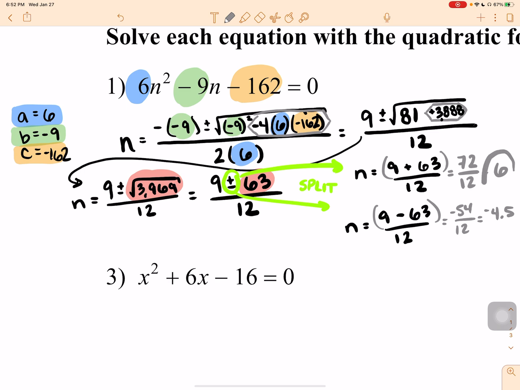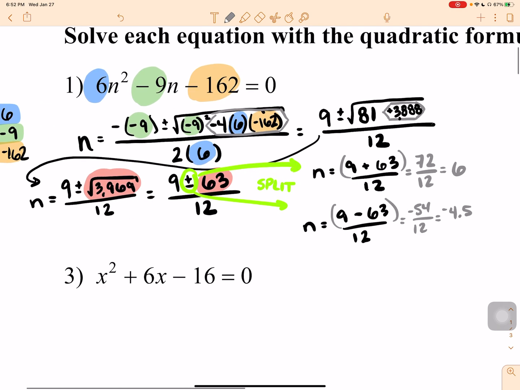So these are your two answers. You have exact answers for this one because that was a perfect square. The square root of 3,969 is 63. So now you know n equals 6 and n equals negative 4.5.